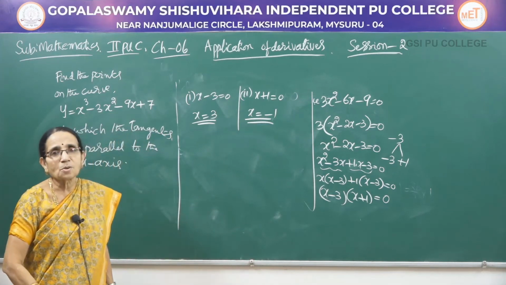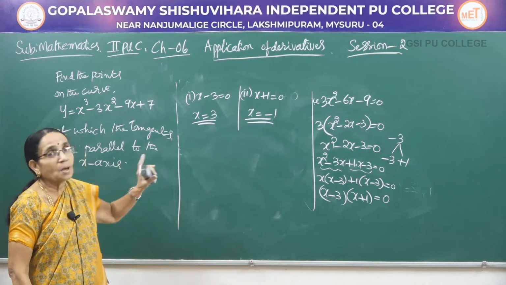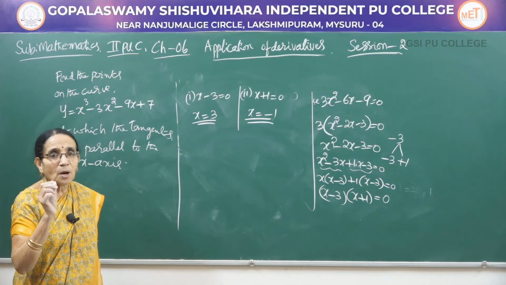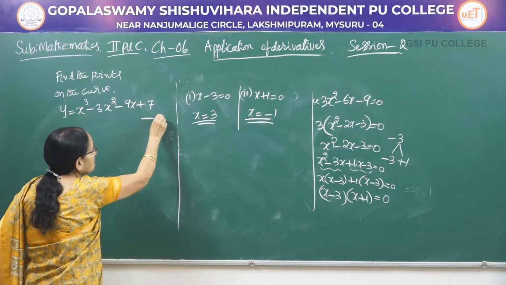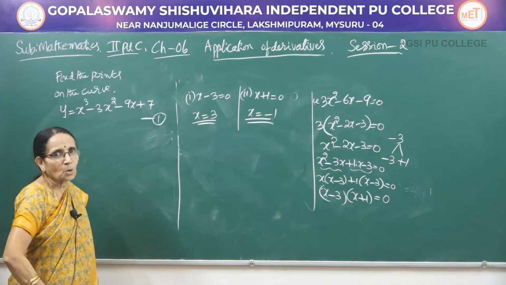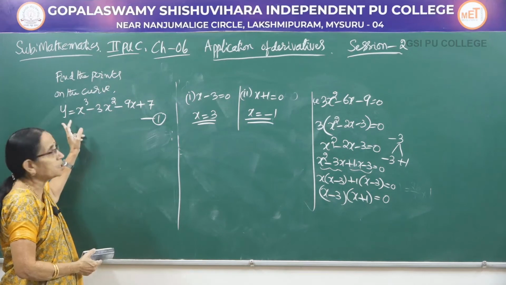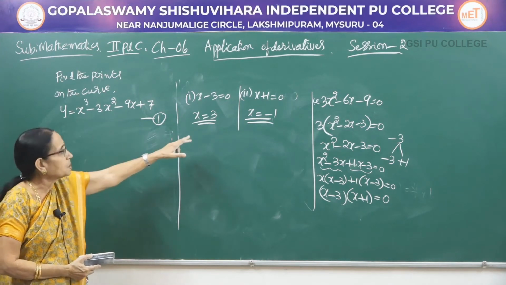So what are these values of x? They are nothing but the x coordinates of both the points. Finding a point means you have to get the y coordinate also. Now y is equal to something, which means when an x value is given, you get one value of y, that is the y coordinate of that particular point.